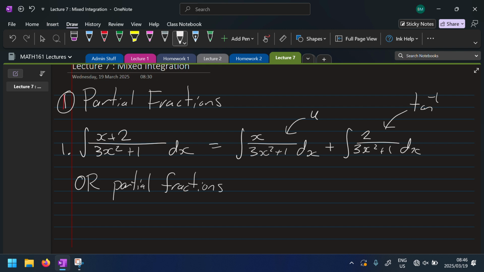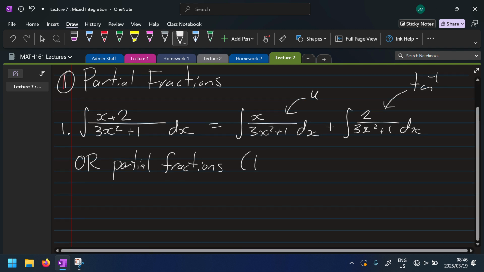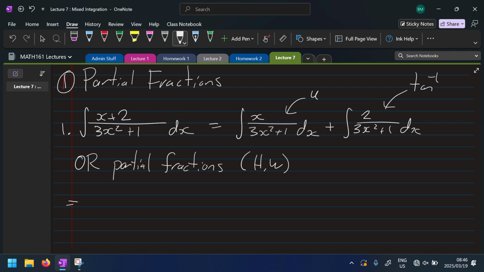If you split it up like we did there, then there's no partial fraction work to do. We just have to do each part separately. So this will be homework. Let's go through the 2 parts.